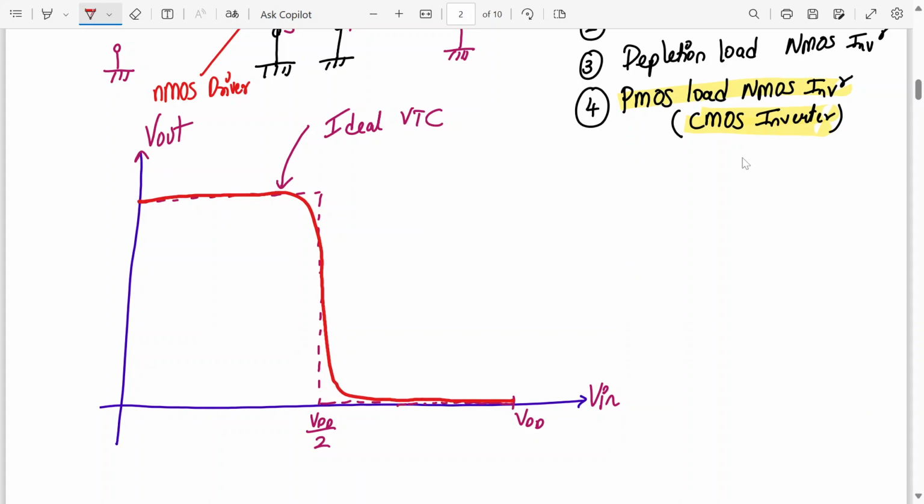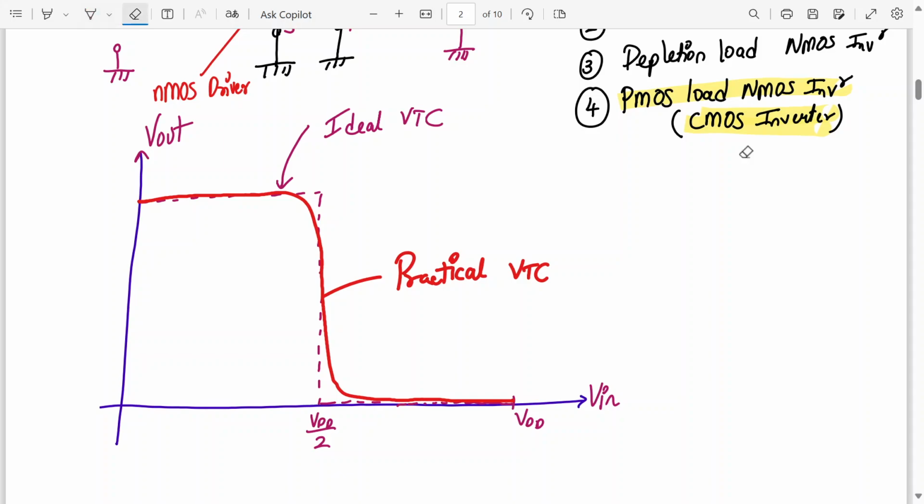So this is a practical VTC curve, the VTC curve for a realistic NMOS inverter.